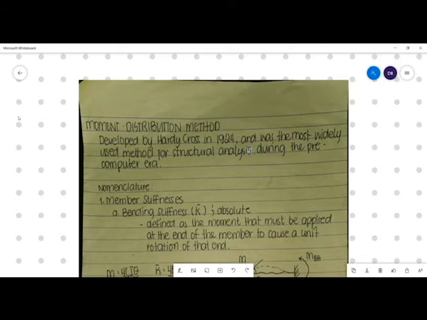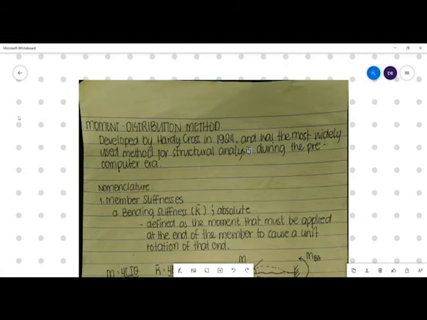But in the moment distribution method, we are gradually adding all the loads and all the supports that contribute to the movement of the structure.